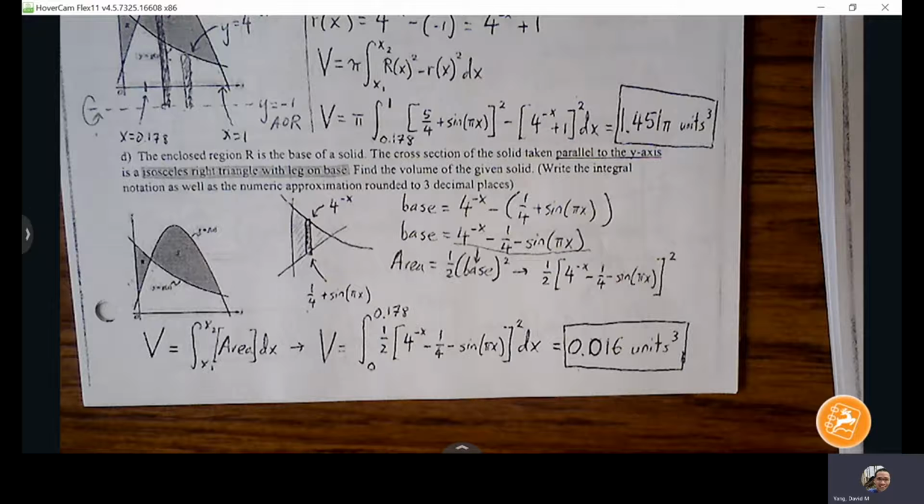Oh, right, yeah. So you want to enclose that entire region in that square.